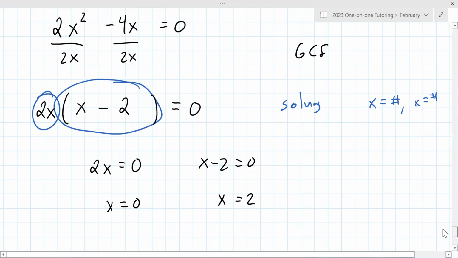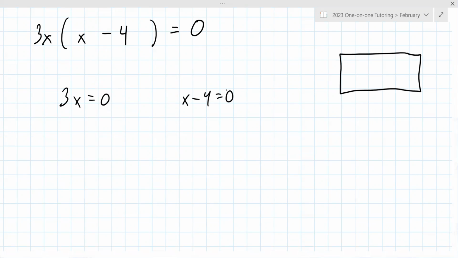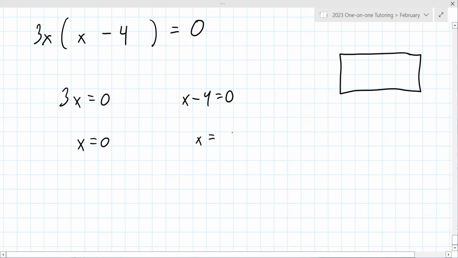Yes, that's right. And then you divide by 3, x equals 0, and then you add 4, which equals x equals 4. Good. Okay, let's have you try one on your own fully.